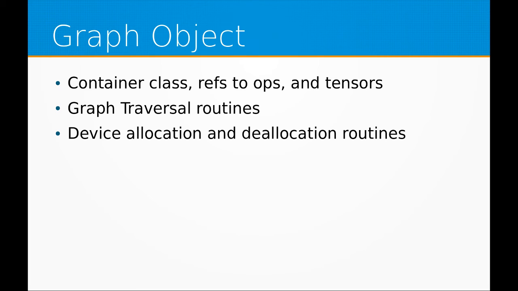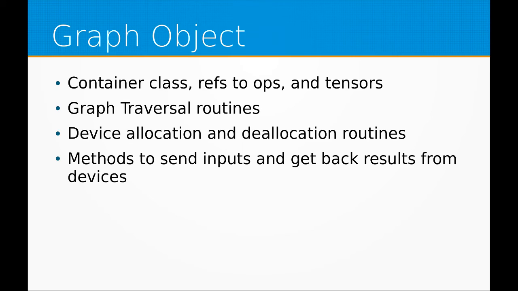And it should be able to say how do you get a lock on a GPU, and how do you assign tensors and the operations there, and how do you free the memory from GPU or from other nodes. And it should have methods to send tensors over there and get back results.